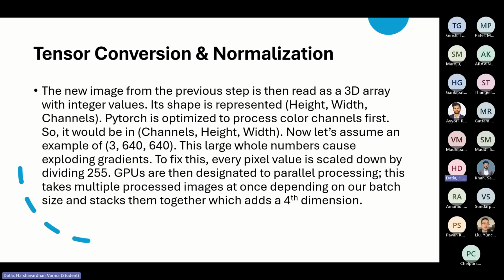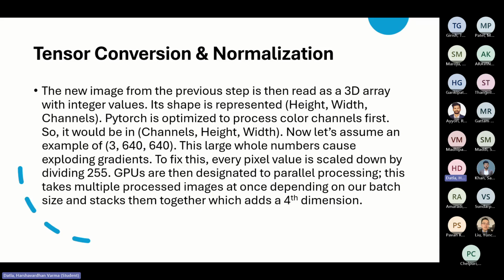The last step is the tensor conversion and normalization. The new image from the previous steps is read as a 3-dimensional array with integer values. Its shape is represented as height, width, and channels.